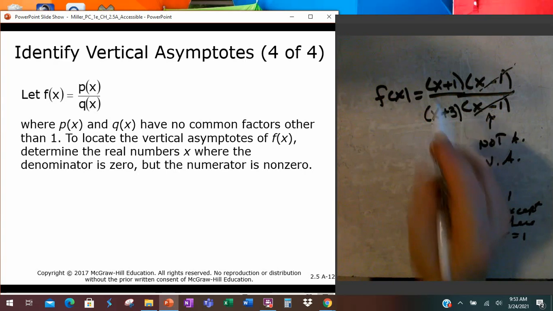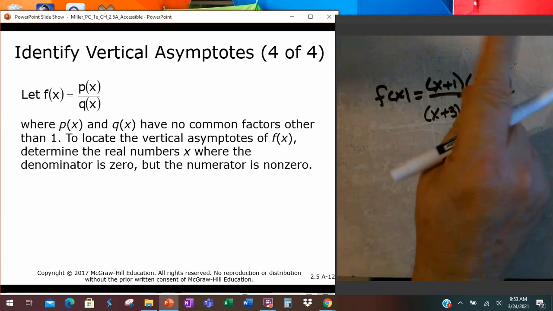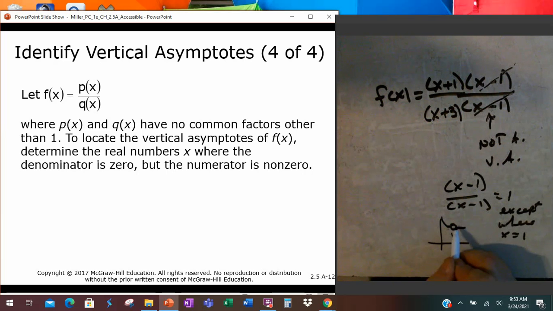So you would graph this piece of it, and wherever x is equal to 1, here's x equal to 1. Let me pull this back out. I factor this out, and remember when I'm graphing this at x equal to 1, I put a little circle there. It is not a vertical asymptote.